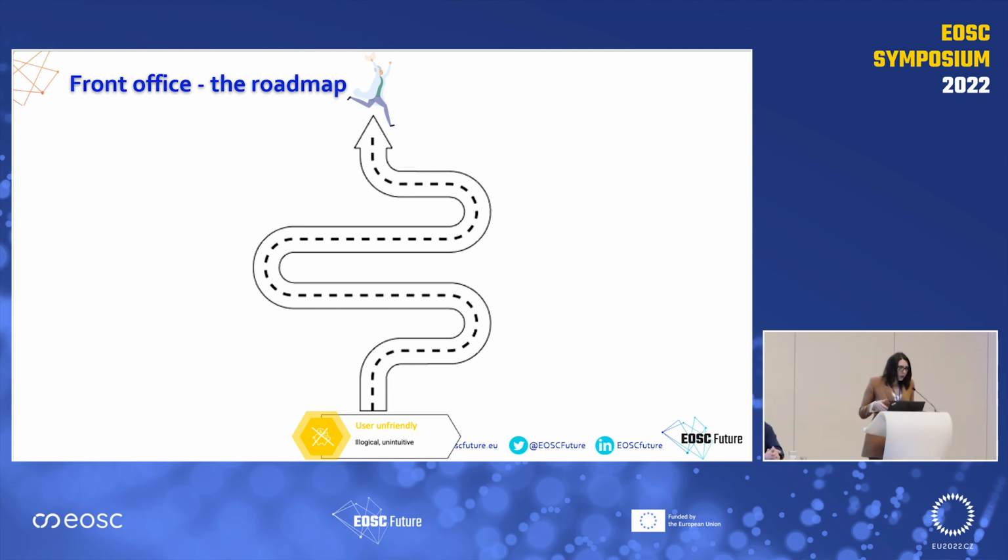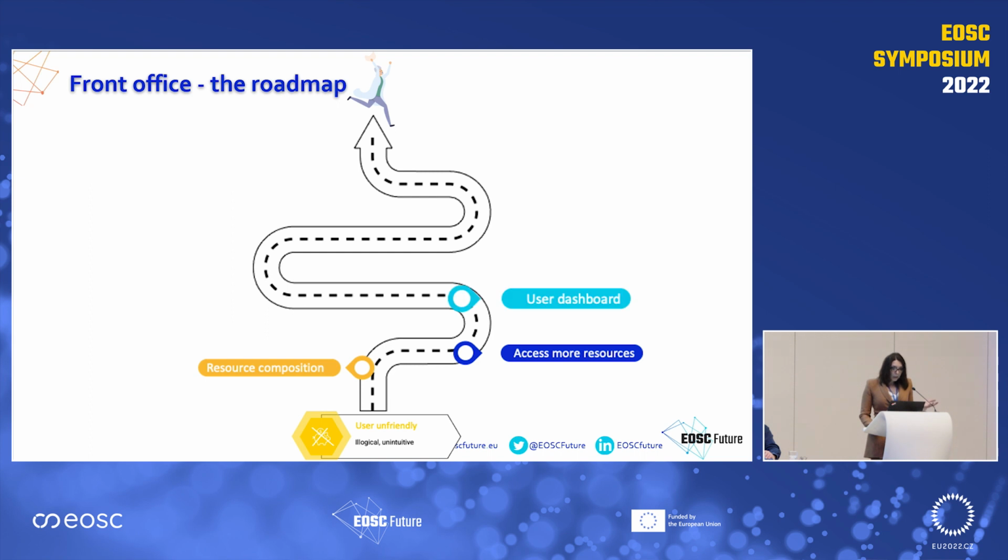So, in the first phase of the front office requirement analysis, we concocted several enhancements, including resource composition, access to more types of resources like data and publications and other research outputs. We had also an interaction with the front office using a personalized dashboard, access and contribution to EOSC knowledge, access to open science statistics.